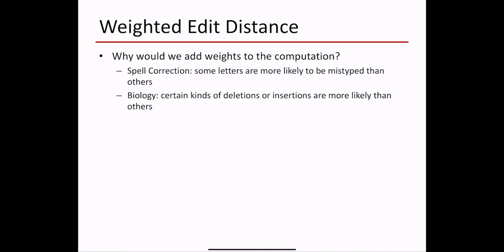So this is a confusion matrix for spelling errors. If you look at some numbers, M and N are confused more than the others, and O and E are confused. A and E are commonly confused. U and E are commonly confused.